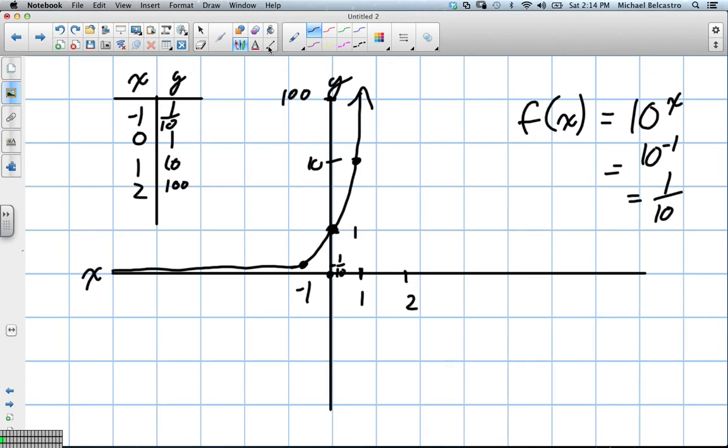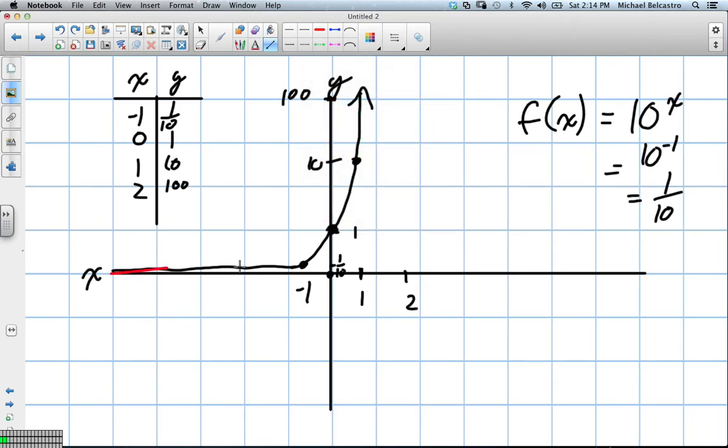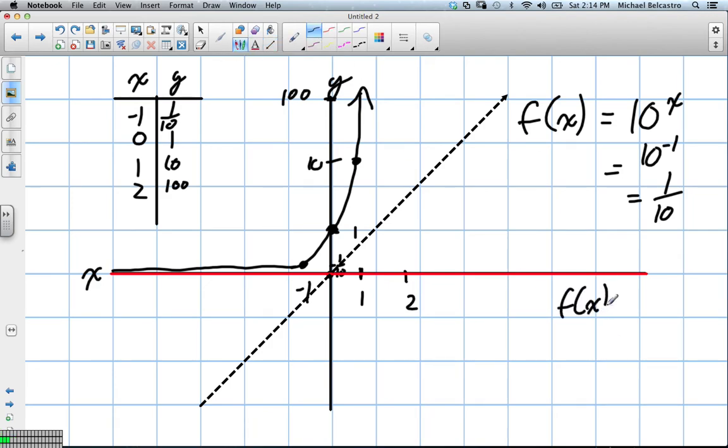We know that we have what? A horizontal or vertical asymptote for this exponential function. Horizontal. Yeah, we have a horizontal asymptote, right on the x-axis. Okay, well, let's say we go to invert this now. The inverse of this function is written as f(x) is equal to log base 10 of x.